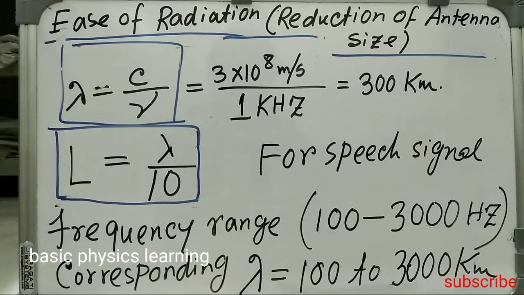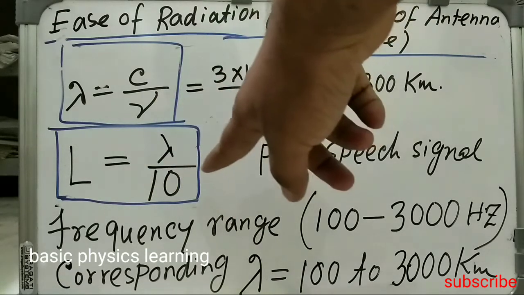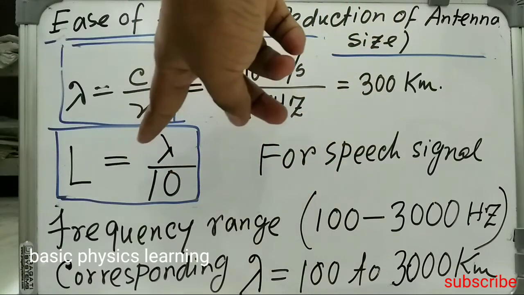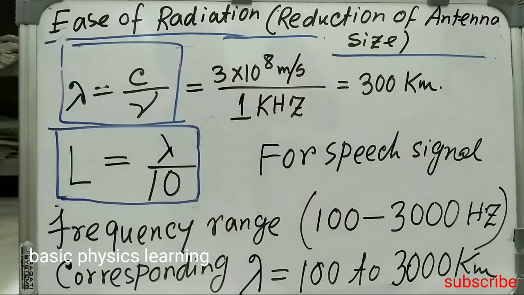For many message signals, the wavelengths are too large for reasonable antenna dimensions. If we consider that the radiating antenna should be of the order of 1/10 or more of the wavelength of the signal radiated, here we see L equal to lambda by 10, where L is the radiating antenna length, equal to 1/10 of the wavelength of the radiated signal.